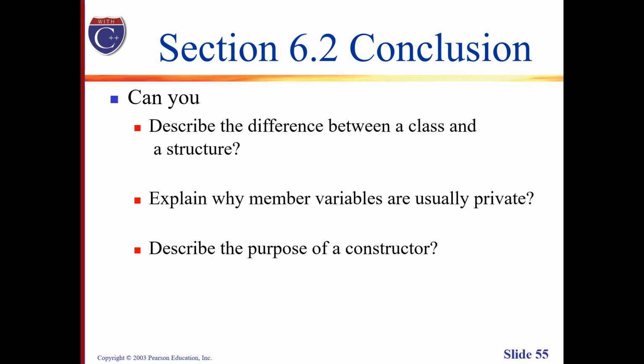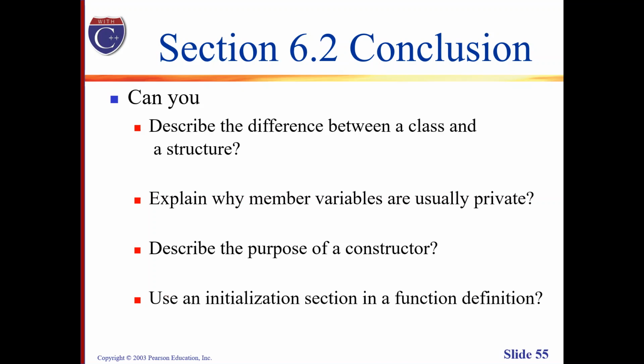And of course, we also learned about constructors, how to create them, how to declare them, and of course, what is its purpose. Then finally, we were also introduced to the initialization section of a function definition.